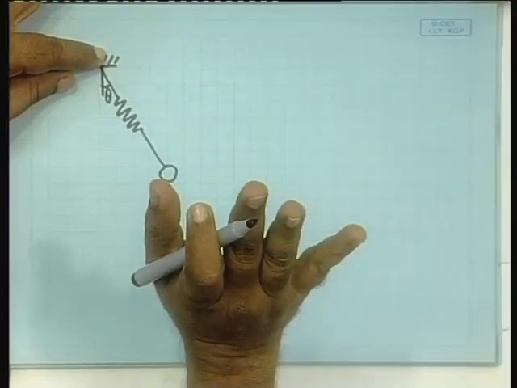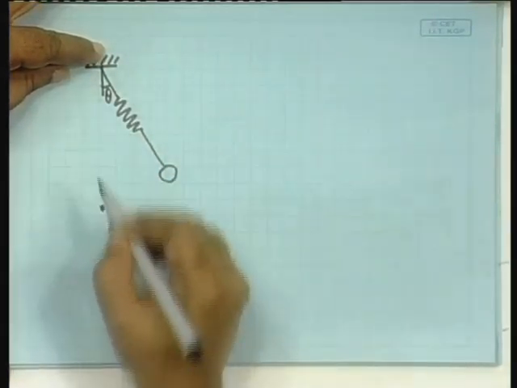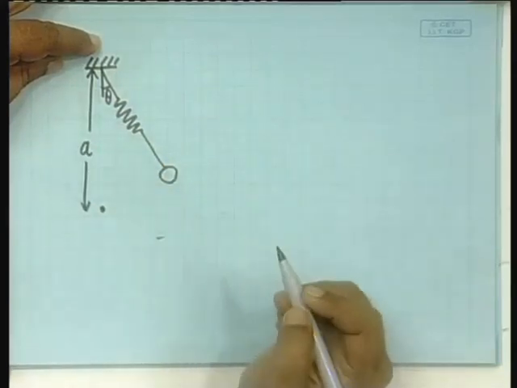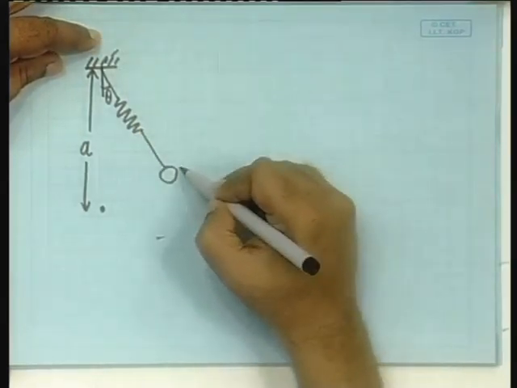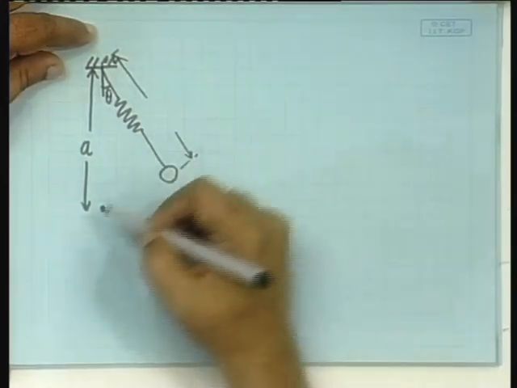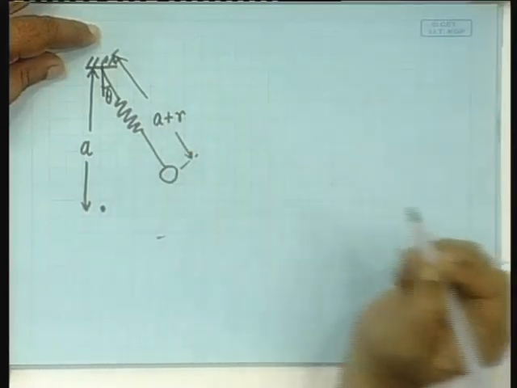So in order to do that, let us do it that way. So what did we say? We said that when it freely hangs vertically, then your position is the datum position. And in that position, suppose it came here and this distance is say a. And then this distance is the deviation from there. So this distance is a plus the coordinate that we are talking about, r.